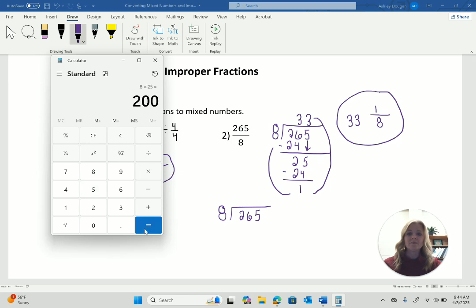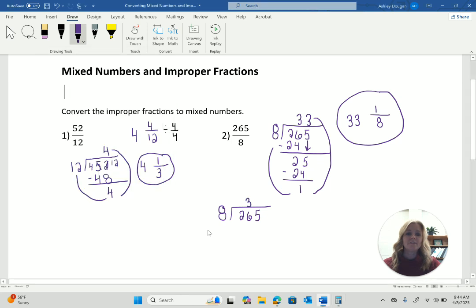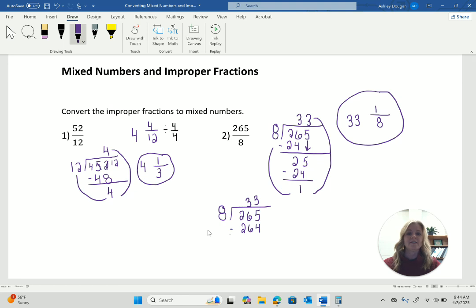8 times 25 is 200, so maybe try something a little bit higher than that. 8 times 30, 240, so getting closer. All right, 8 times 33, maybe 32, 33, and then 33 gets me really close. So I could do it that way, just kind of guess and check and looking at it as a whole entire number rather than doing the steps.